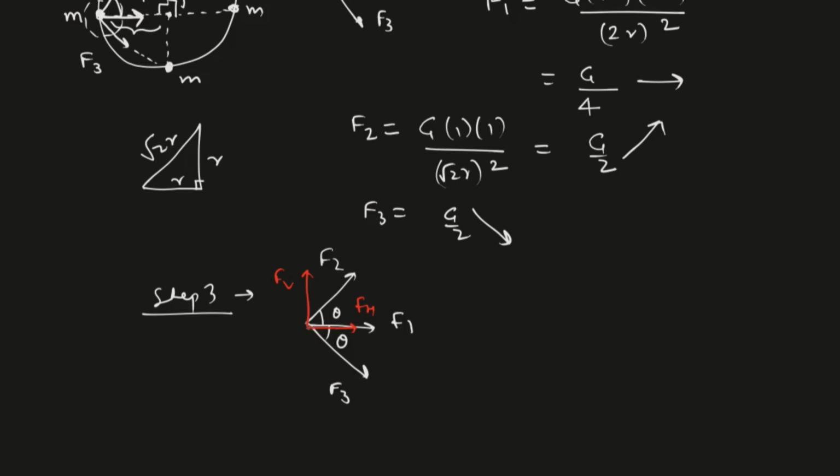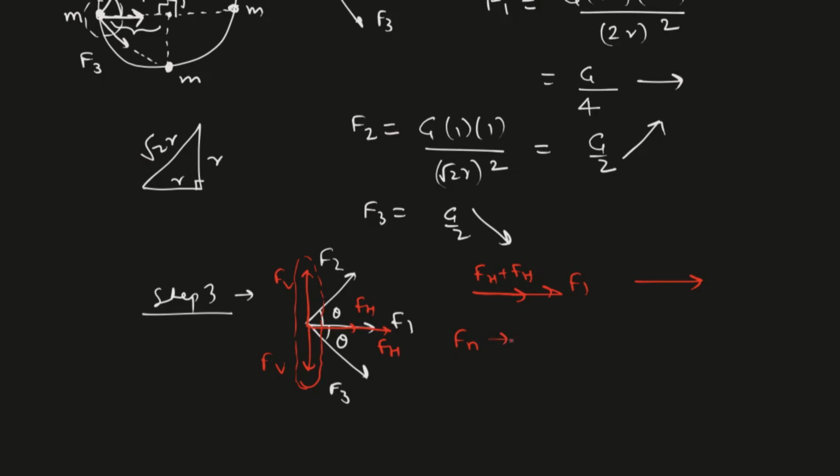And similarly for F3, this is the vertical component, and this is the horizontal component. Now if you notice, the angles are the same, so the vertical components cancel out because the magnitudes of F2 and F3 are the same, and the angle is also the same. So all we are left with is a force F1 and two horizontal components FH plus FH, and this resulting force is in this direction.